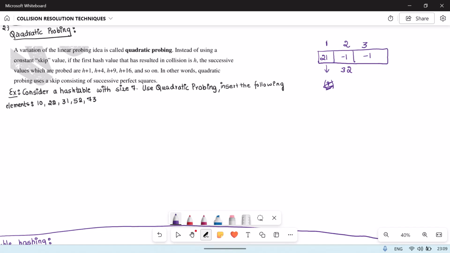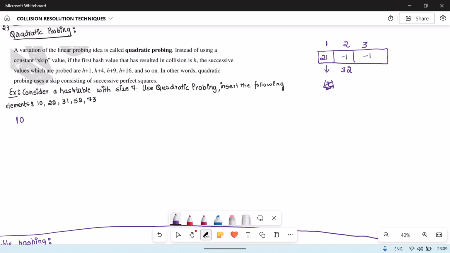What does that mean? Let us look at that with the help of an example. Consider a hash table with the size 7. Use quadratic probing to insert the following elements: 10, 22, 31, 52, and 73. First, in quadratic probing, you find the position.